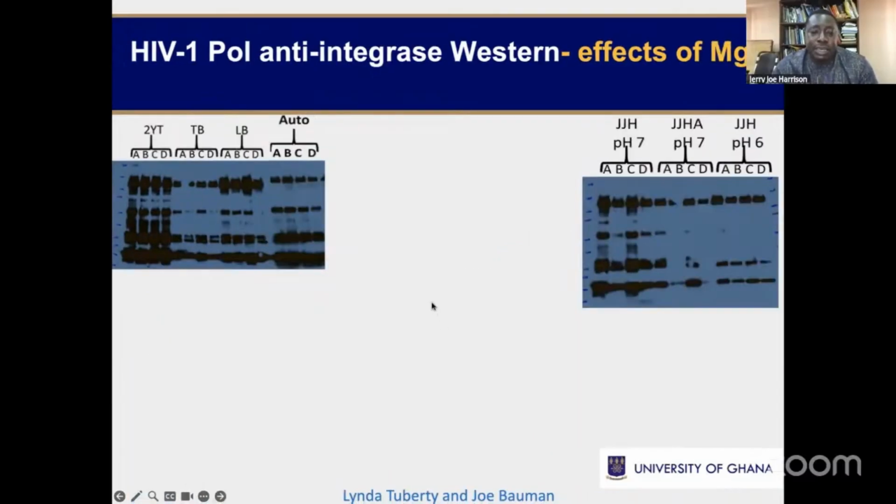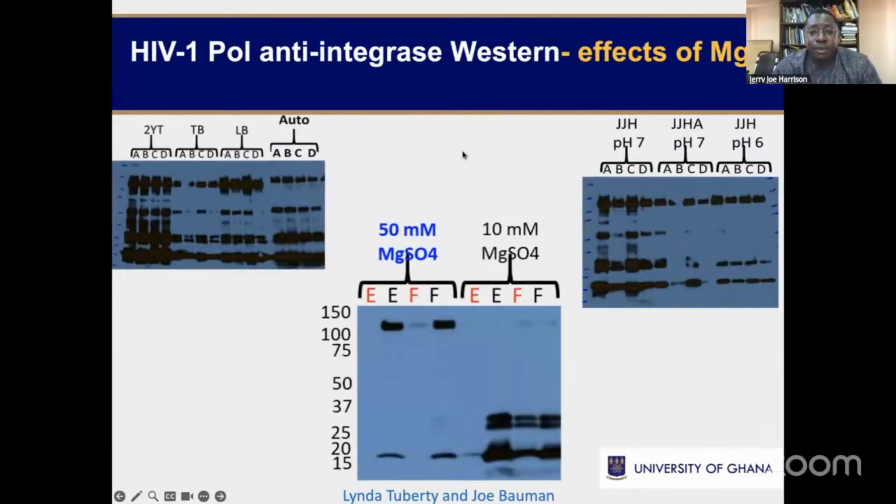If you look at the magnesium side, it was a similar thing. I'm just reproducing these as before so that you see the pH 6 reduced proteolysis. But if you did the same experiment with 10 millimolar magnesium, now you hardly have any full-length protein, and most of it is degraded.